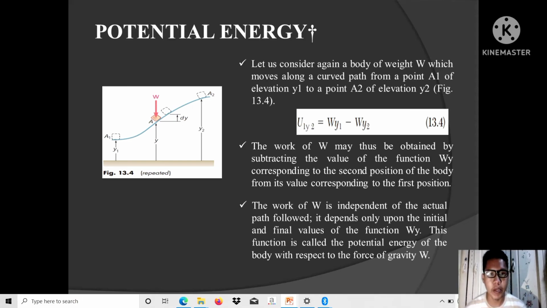A very good example of potential energy is that a spring has more potential energy when it is compressed or stretched. An object has greater potential energy when it is compressed or stretched. So, that's the potential energy.